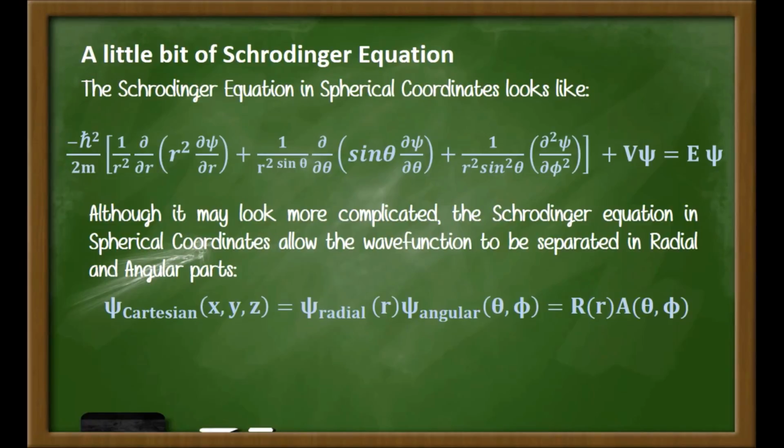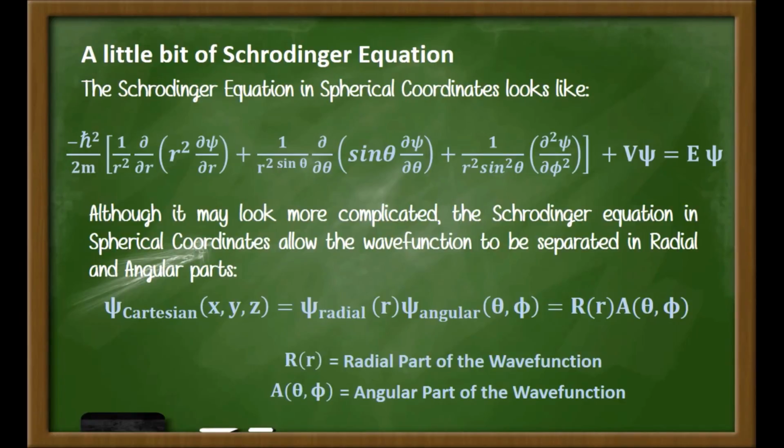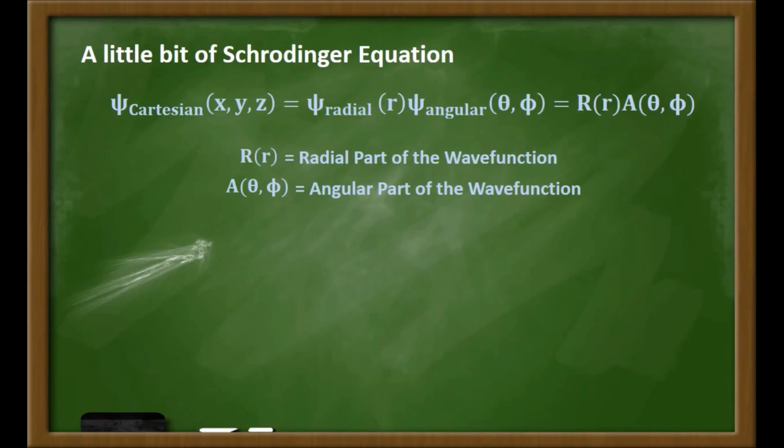So the Schrodinger equation in spherical coordinates gives the chance for the variables to be separated, in radial and angular parts. The equation can be separated into a radial part of the wave function and an angular part of the wave function.